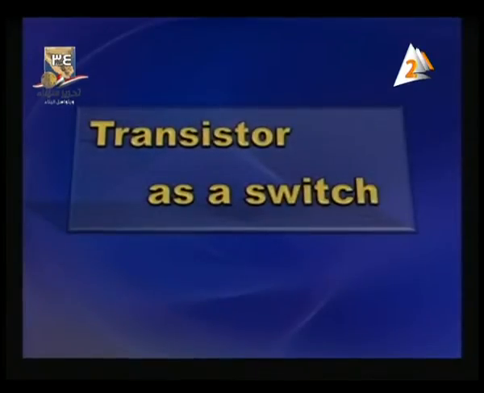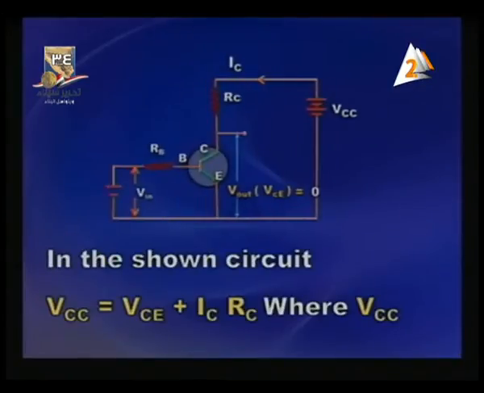And now talking about the function of the transistor as a switch. So in front of you, we've got a circuit. In the shown circuit, VCC is equal to VCE plus IC times RC. What is VCE? It is the voltage across the collector, emitter, and IC times RC is the voltage across RC.